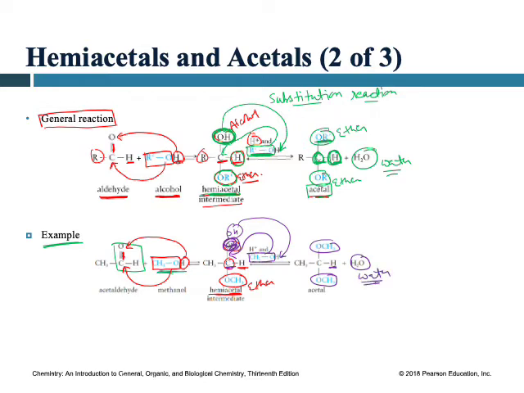So this is an acetal because the same carbon has ether groups, OCH3, OR groups. So it is a diether on the same carbon, and then you have hydrogen as the third group on the carbon. So this is an acetal.